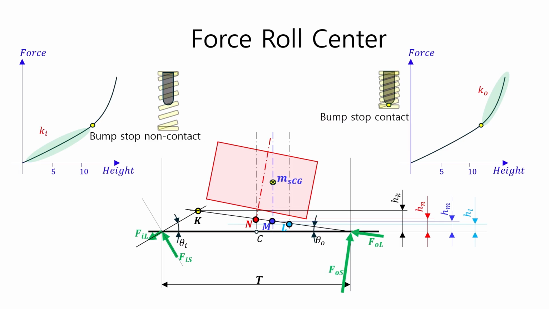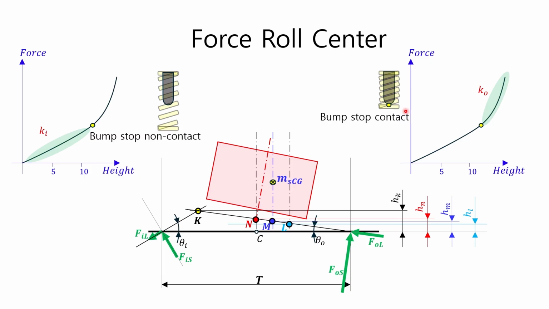As previously discussed, point K is not a roll center, so let's examine additional possible locations. To illustrate the general case, consider a vehicle where the sprung mass center of gravity, MSCG, is not centered on the sprung mass but is eccentric. The vehicle is shown in the rear view.